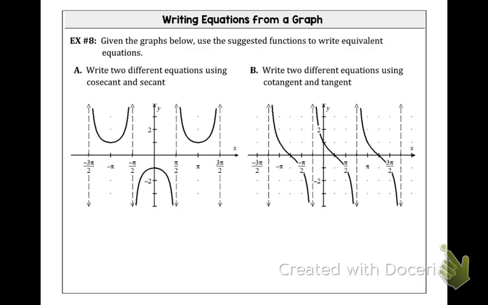All right, example 8. Given the graphs below, use the suggested functions to write equivalent equations. So we're going to write 2 different equations using the cosecant and the secant given the actual graph. When we have a graph of a reciprocal function, remember it's going to be outside of the range that we would normally have for sine and cosine or tangent.